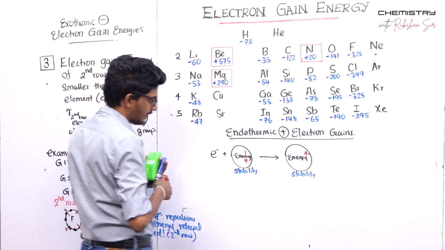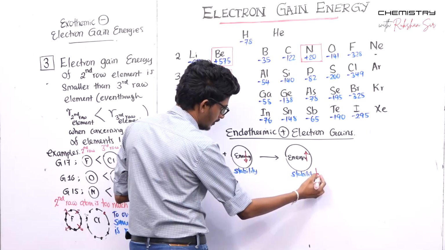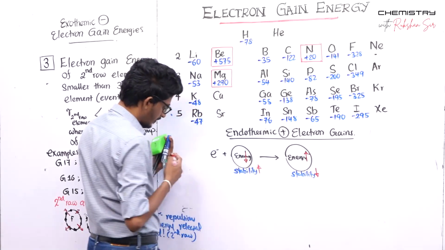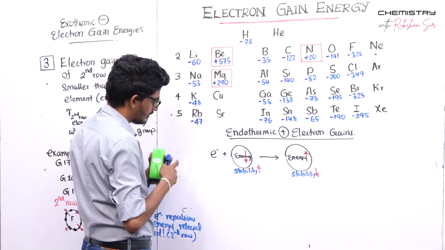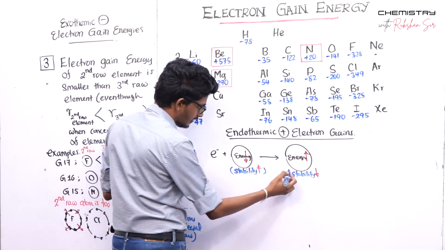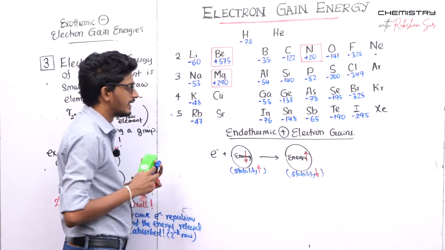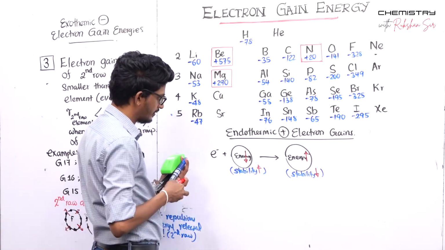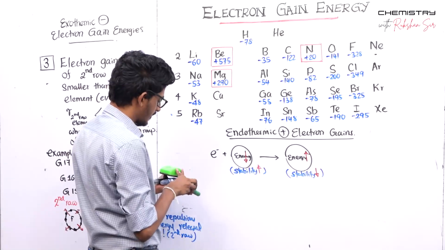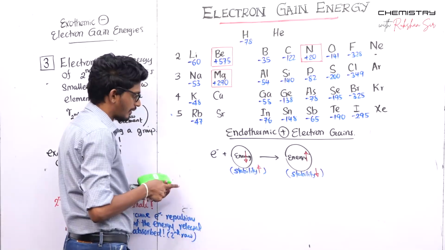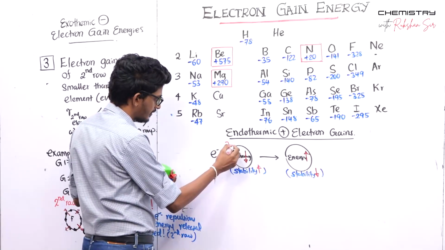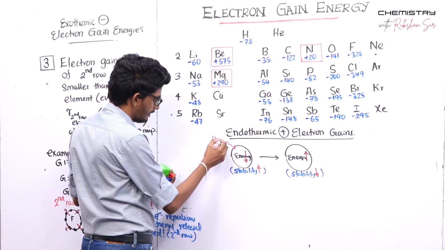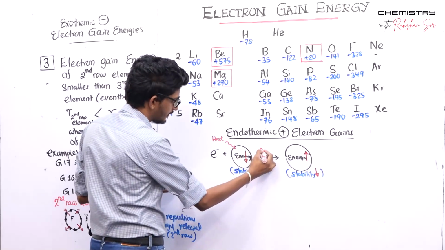Higher energy means lower stability. Lower energy means greater stability. When your stability decreases by adding an electron, such processes are referred to as endothermic first electron gains. Those happen when you need to supply some energy to do the process. Endothermic.